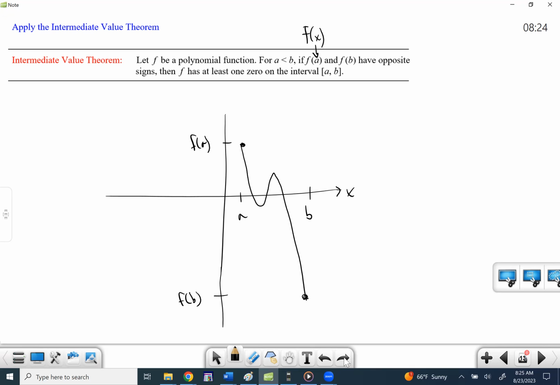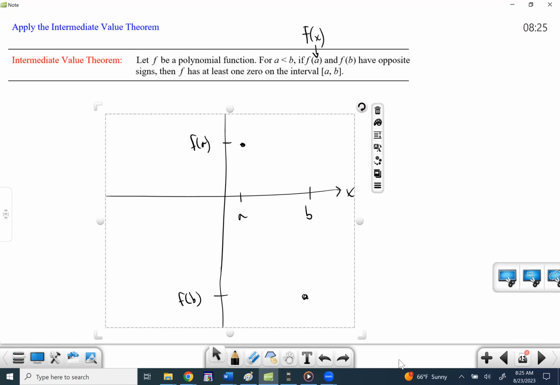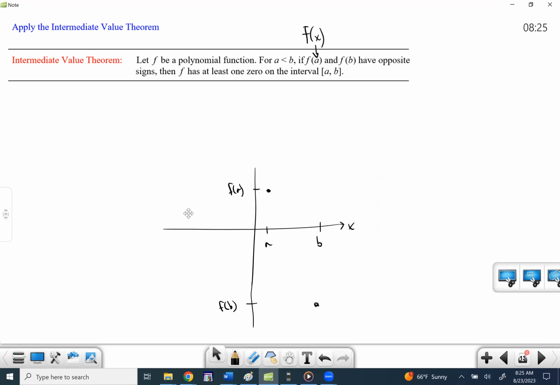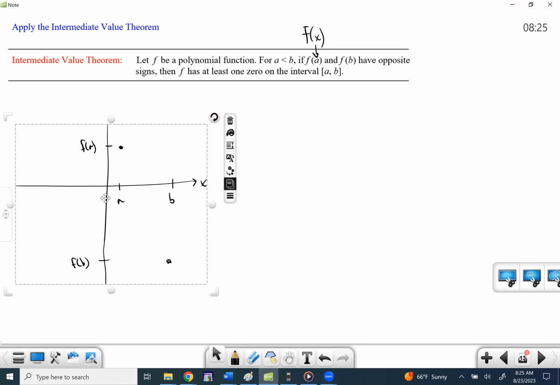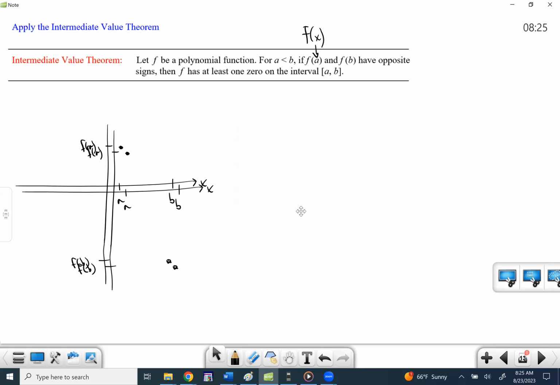Put it back up. No, okay. So what I'm going to do, let me take a picture of this. Shrink it down. And I'll show you two examples.